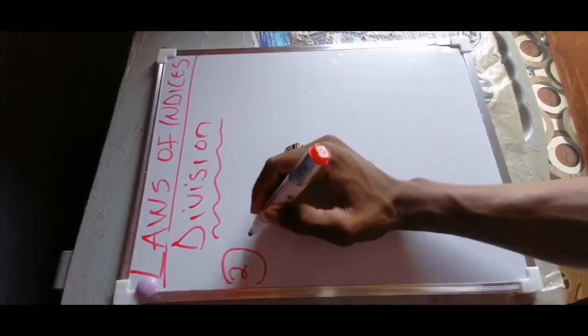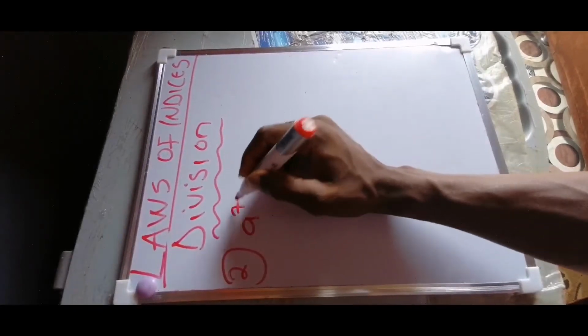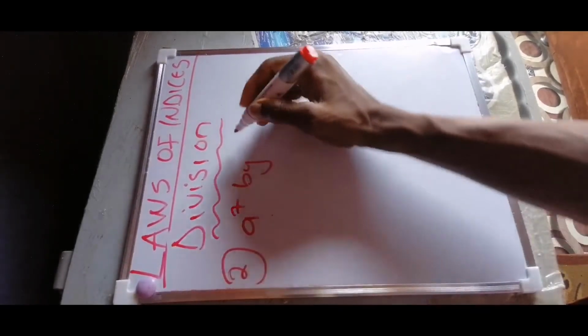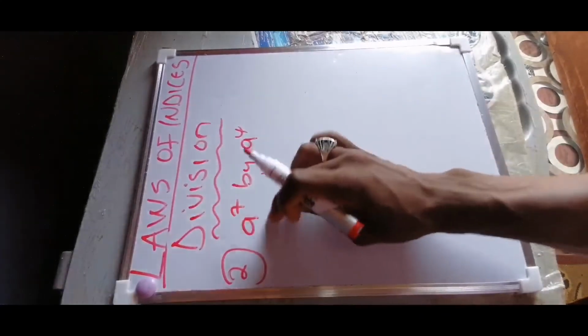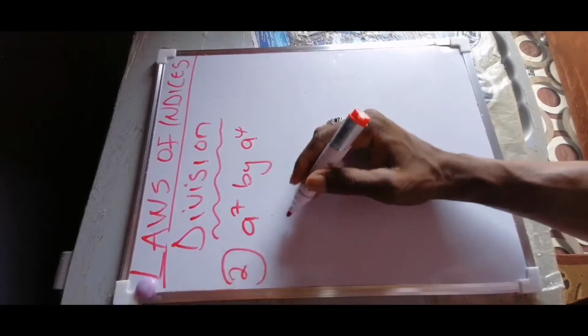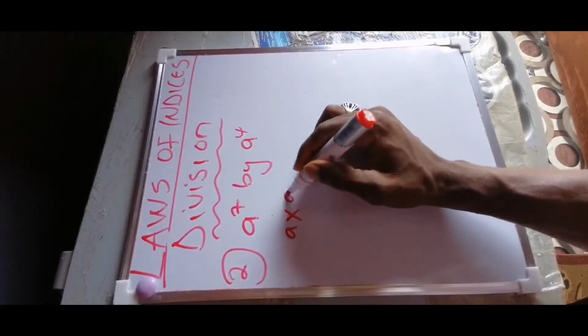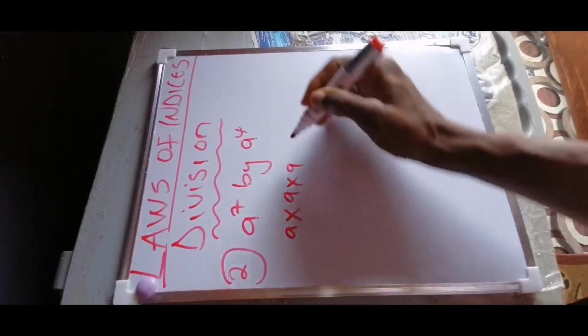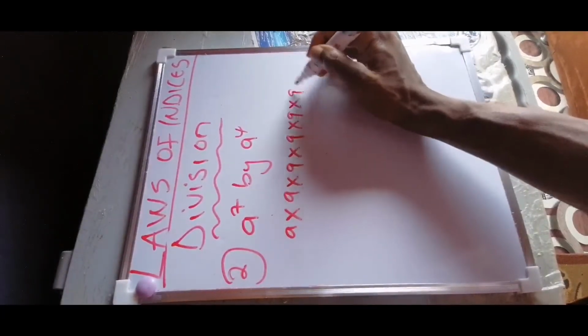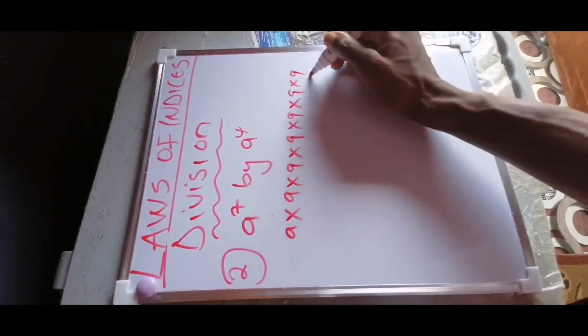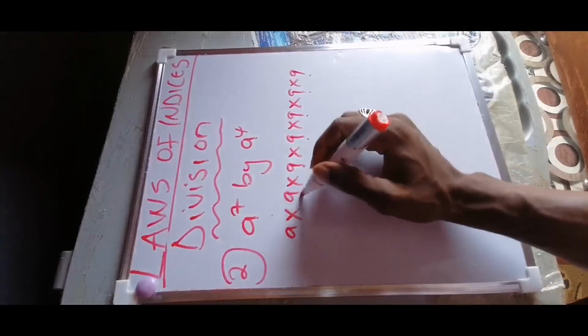And the second one is a raised to the power of 7 divided by a raised to the power of 4. So here we have 7 a's: a times a times a times a times a times a times a. 1, 2, 3, 4, 5, 6, 7.